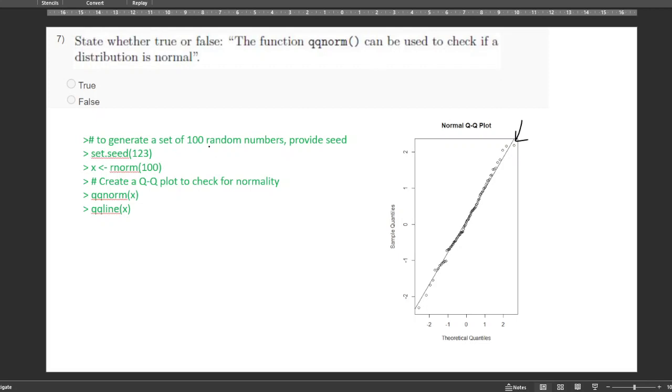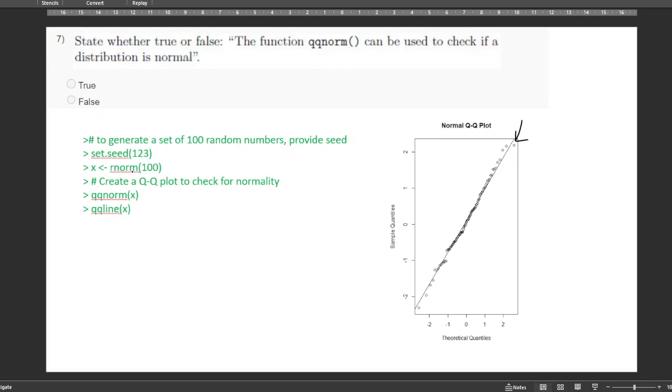Here I try to generate a data set with 100 random numbers. The seed sets the starting point for the random numbers, so I have set.seed to 123. It's up to you; you can give whatever non-zero number you want.